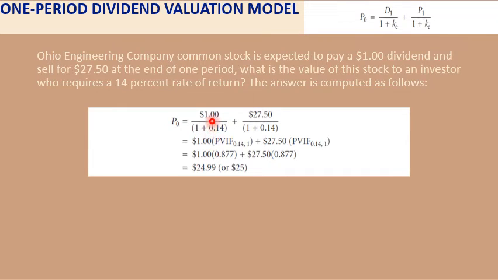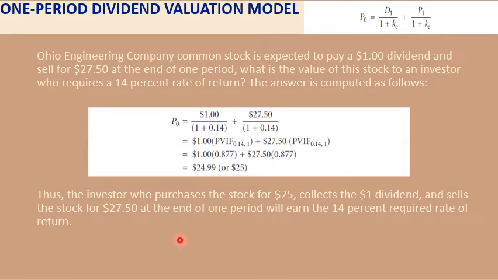So if you're dividing twice, then you have to multiply. Same goes here: 27.5 times the present value factor of 0.877, we now arrive at $25. So the investor who purchases the stock at $25, collects the one dividend and sells the stock for $27.50 at the end of one period, will be earning the 14% required rate of return.